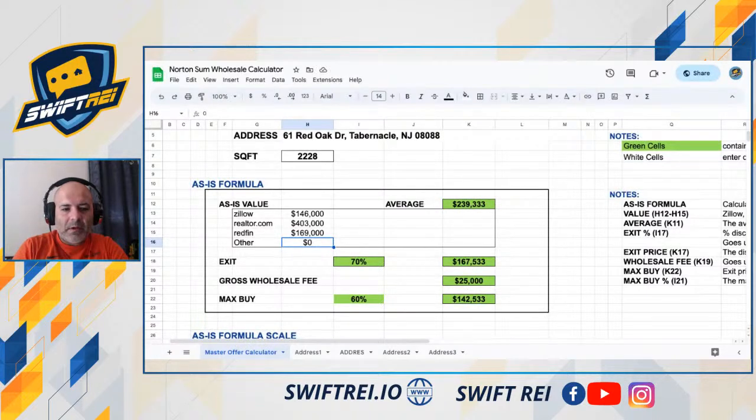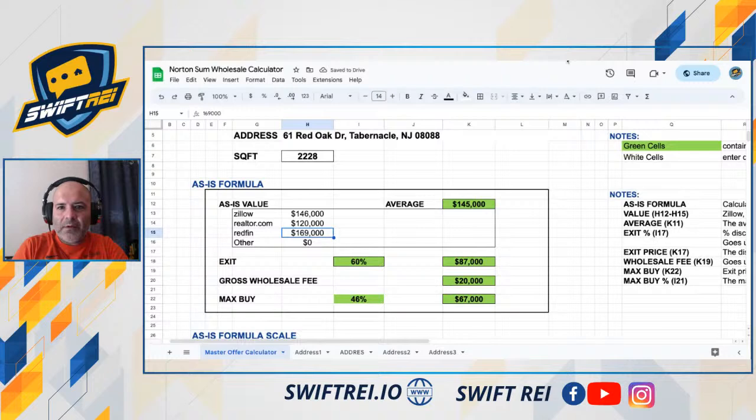Okay. Realtor.com has this property valued at significantly less. Is that the same property? Huh. Yeah, it's the same one. So they got it valued at 120. So we're going to put 120.